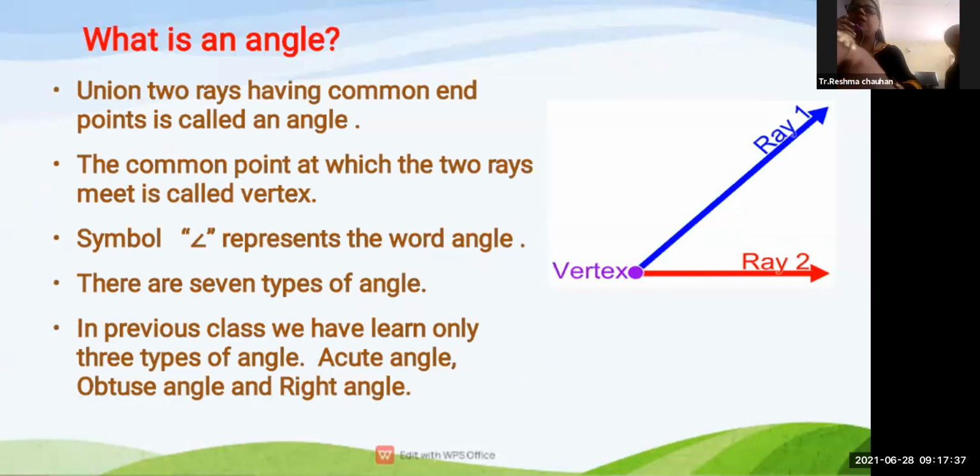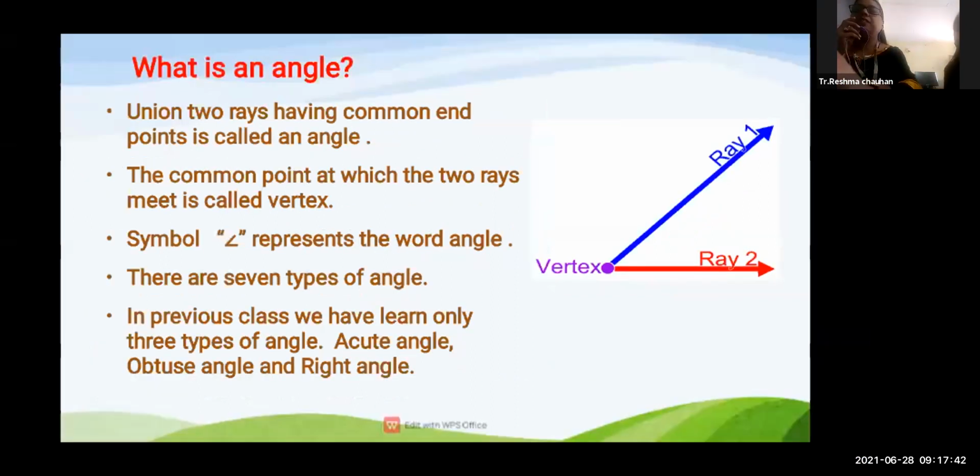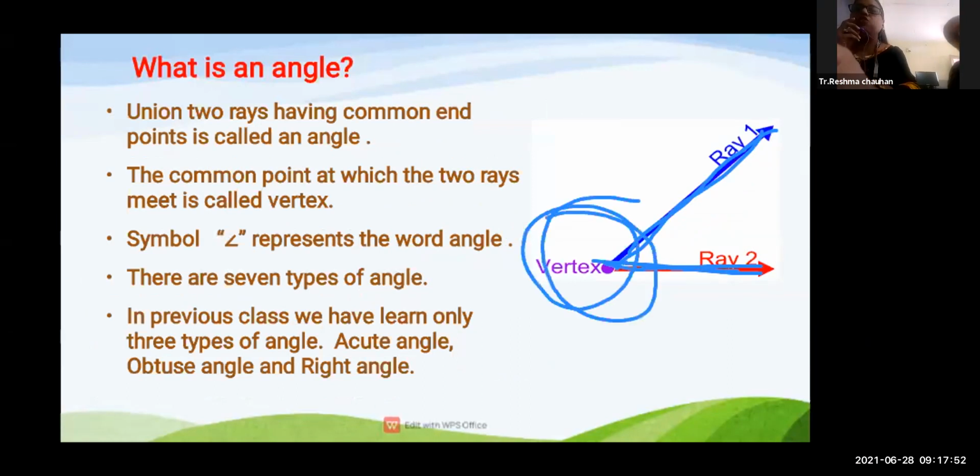Now, in this figure, you can see there are two rays. This is your first ray and this is your second ray. When these two rays have a common end, both are joined at the same end, that is called an angle.